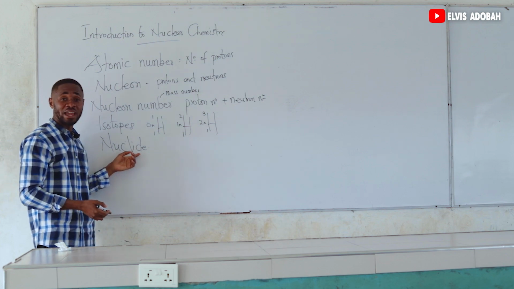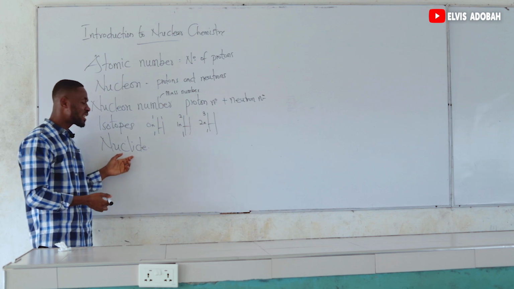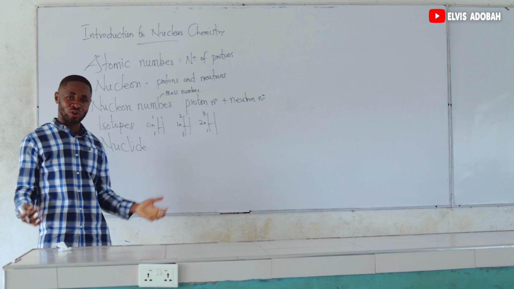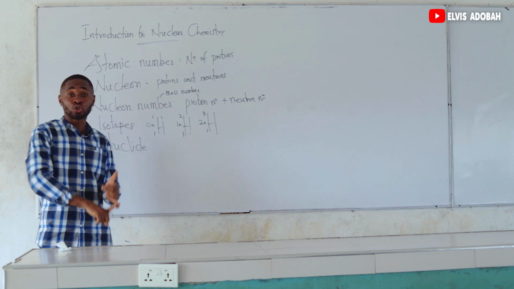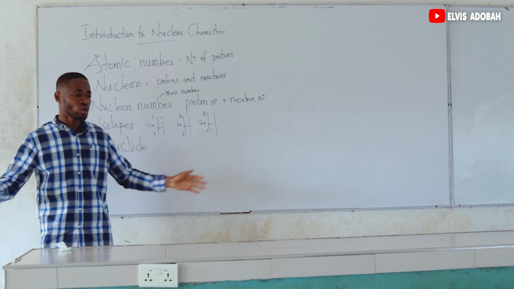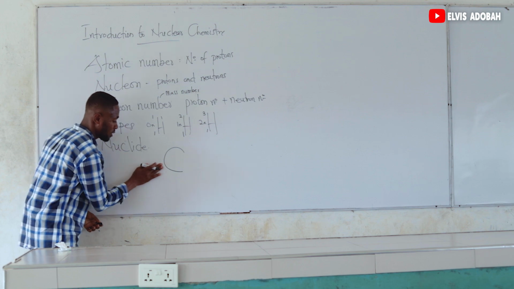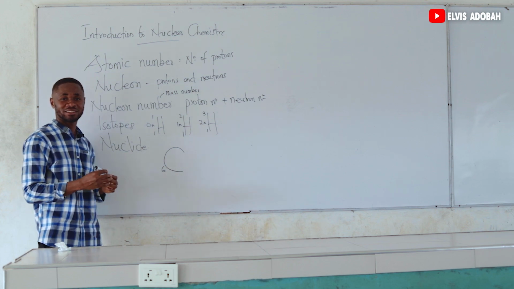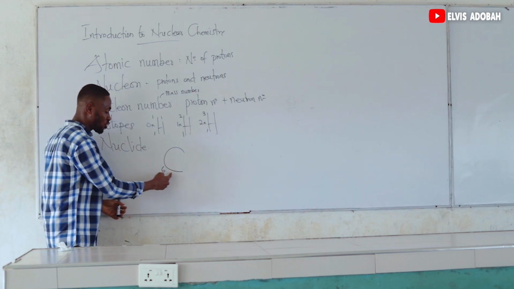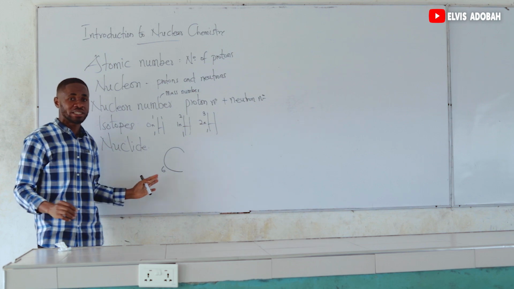The last thing in line is nuclide. A nuclide refers to any atom whose number of protons and number of neutrons are known. So if I have carbon like this, from this we know that this carbon atom has 6 protons, but we have no idea of the number of neutrons in this carbon atom.